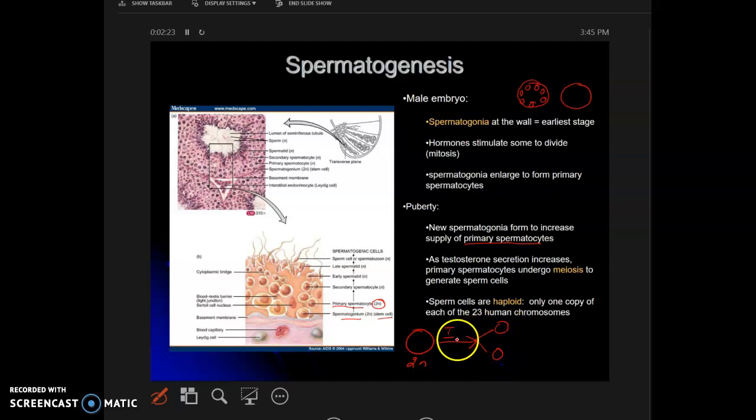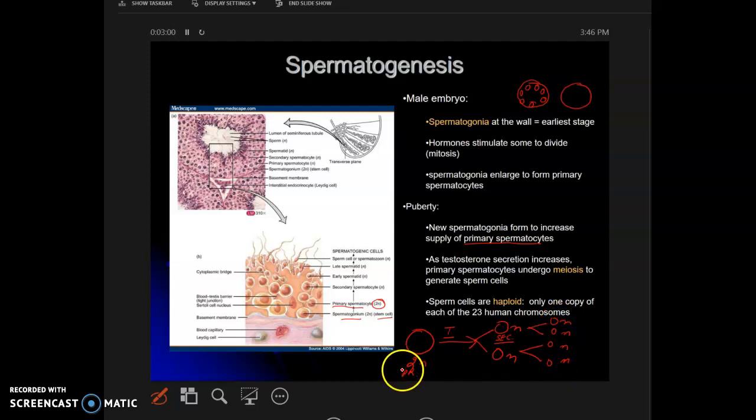The daughter cells have only one set of chromosomes and are called haploid. The haploid cells are called secondary cells. So you start out with a primary cell, then secondary cells. Each secondary cell in turn divides into two daughter cells. So all in all you will have what? Four final daughter cells, and each of them is haploid.